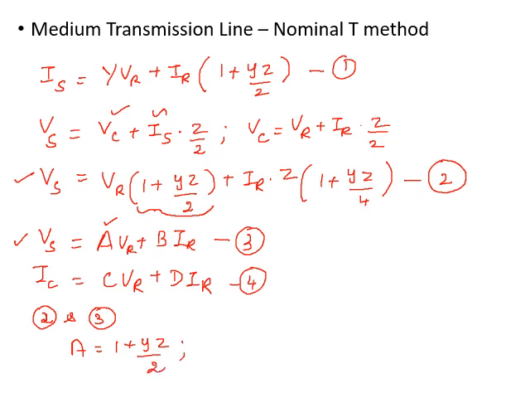Comparing the same equations for the IR term, we get B as Z into 1 plus YZ by 4.